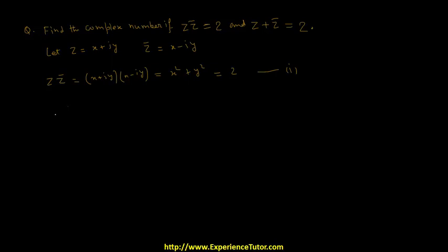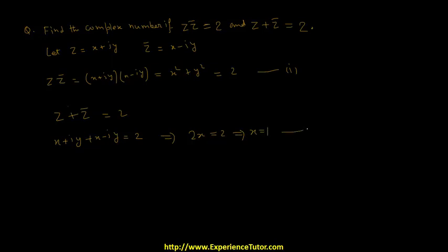Similarly, z plus conjugate of z is given 2. Therefore, we can write x plus iy plus x minus iy is equal to 2, which implies that 2x is equal to 2, and ultimately x is equal to 1.